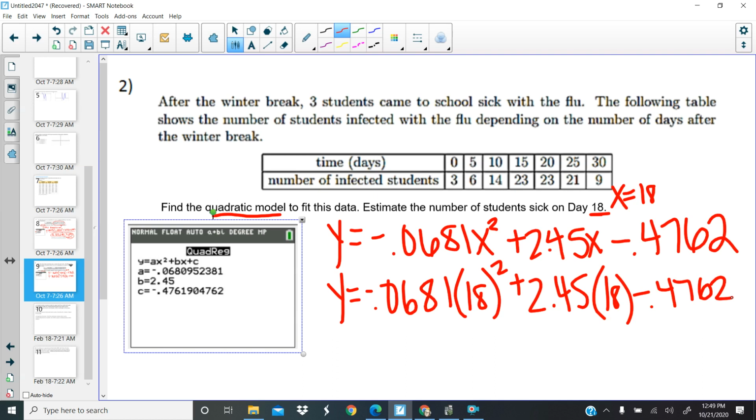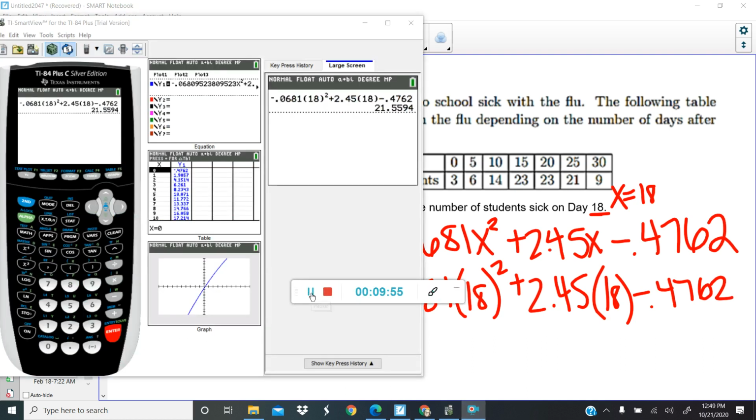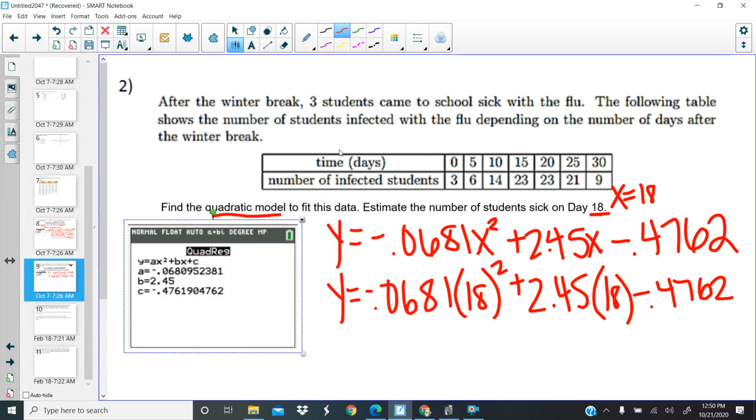So I'm going to type that in my calculator too. So when I calculate that, I got 21.5594, and I'm just going to round that up to 22 students who are sick on day 18. So we're going to say 22 students.